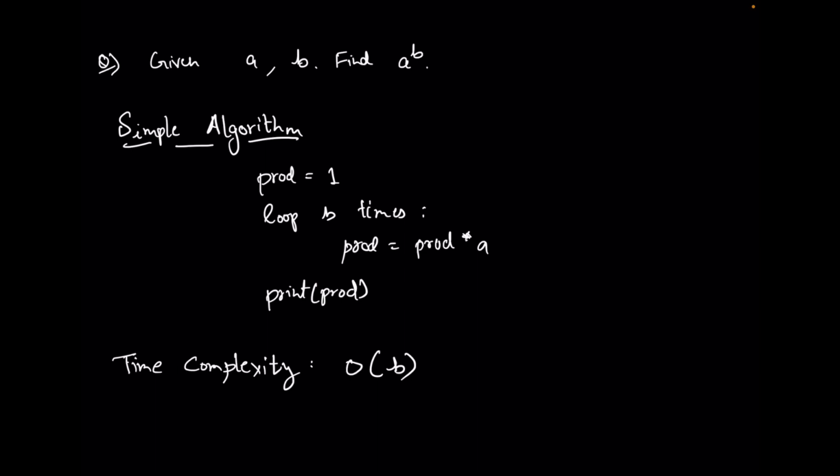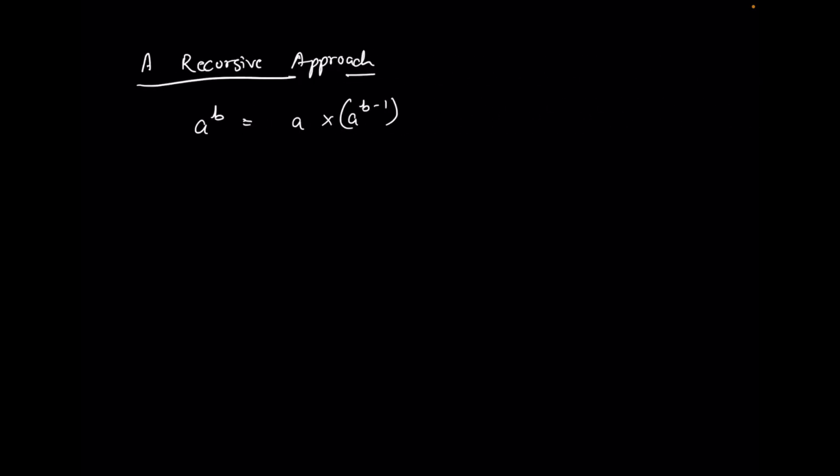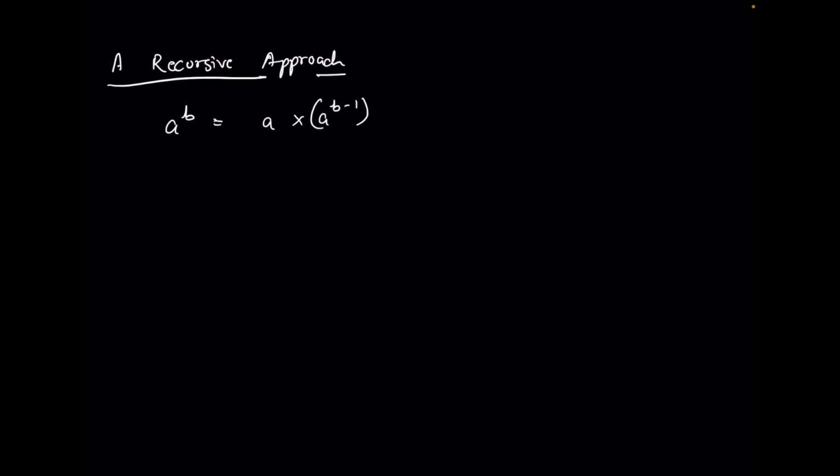So let's try to do that. Let's first try to see some kind of a recursive approach and see if that helps us. The recursive approach we'll try now is based on this recurrence relation, or this mathematical equation, that a to the power b is equal to a times a to the power b minus 1, right?